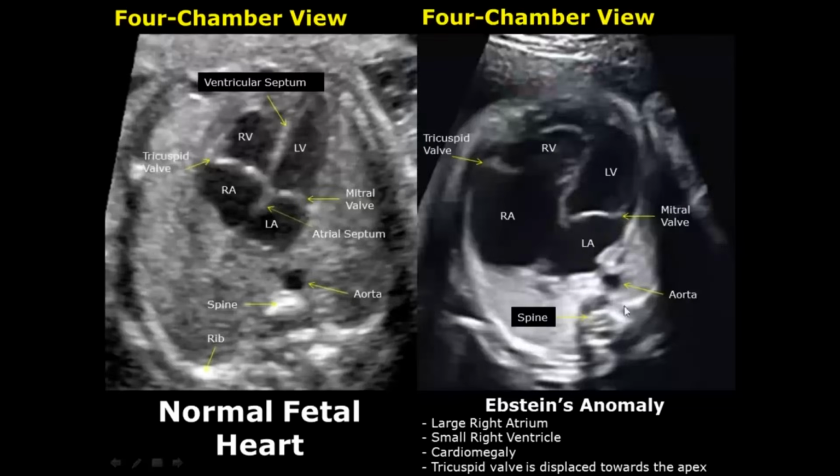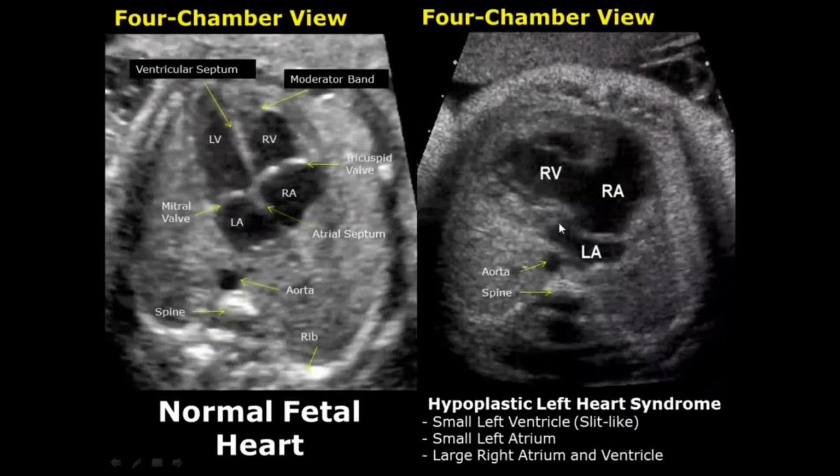Here is another case of Ebstein's anomaly showing a large right atrium, a small right ventricle, and the displacement of tricuspid valves towards the apex. In hypoplastic left heart syndrome, the left side of the heart will be smaller.